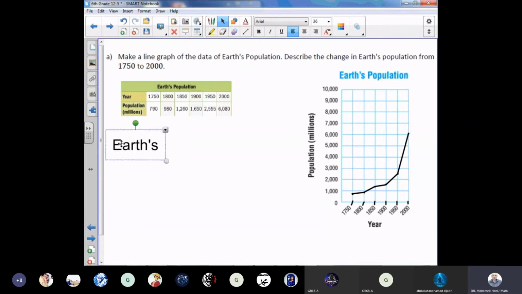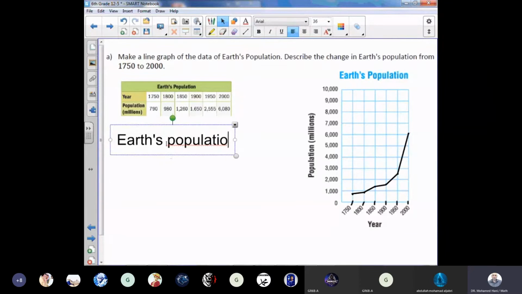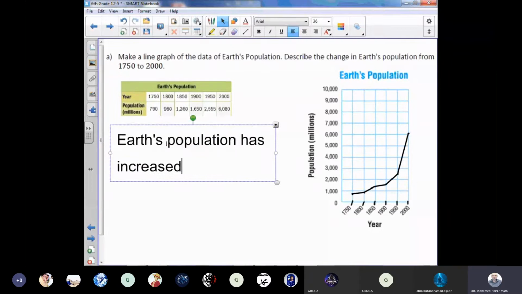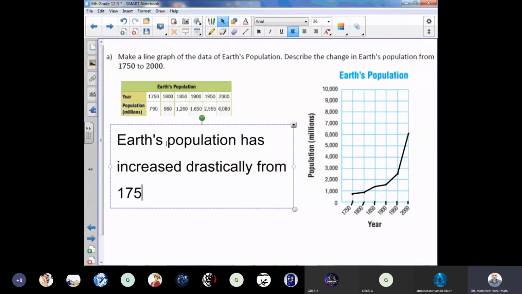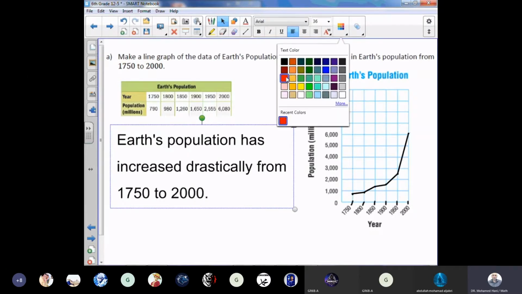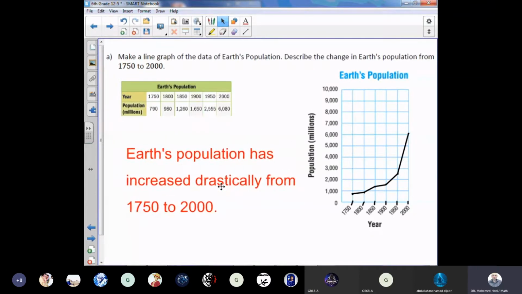Earth's population has increased drastically from 1750 to 2000. That's all we need to do there, just one quick sentence describing the change.